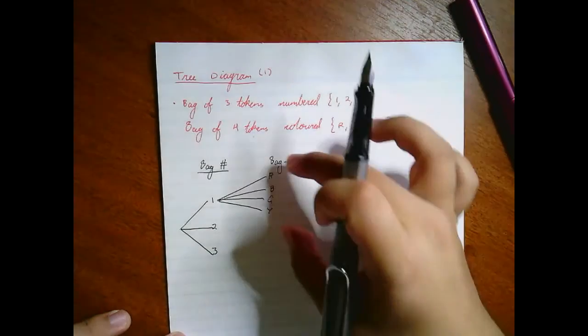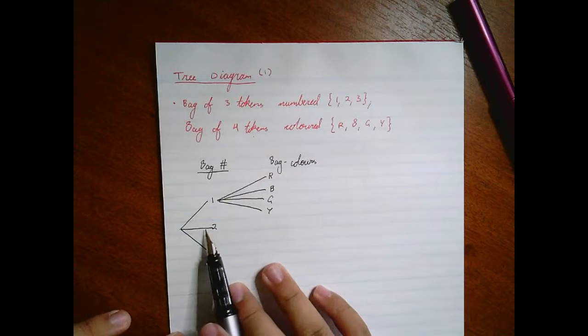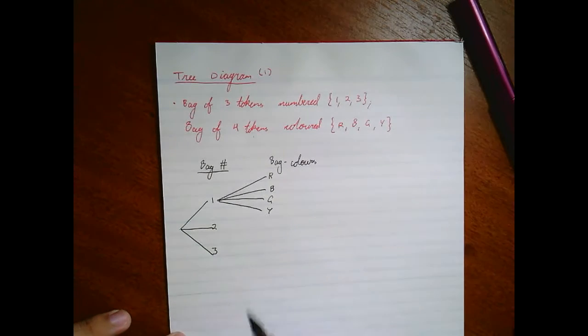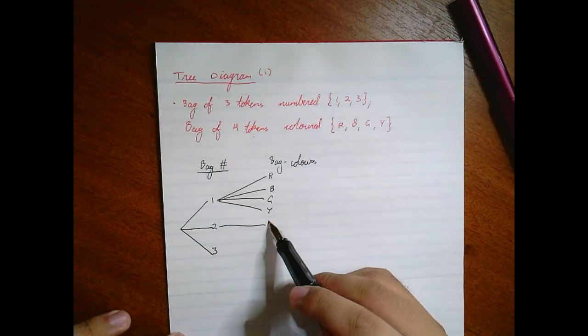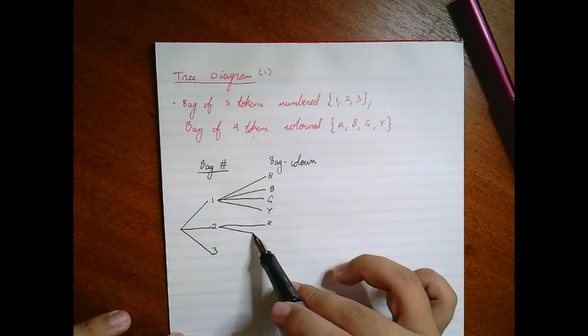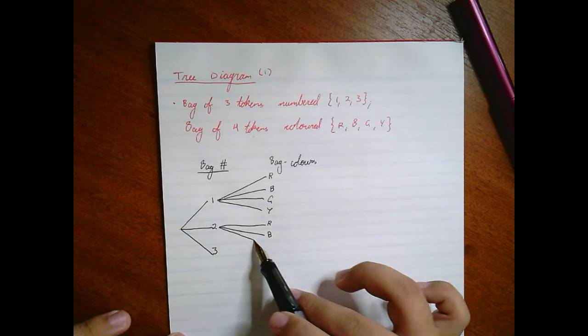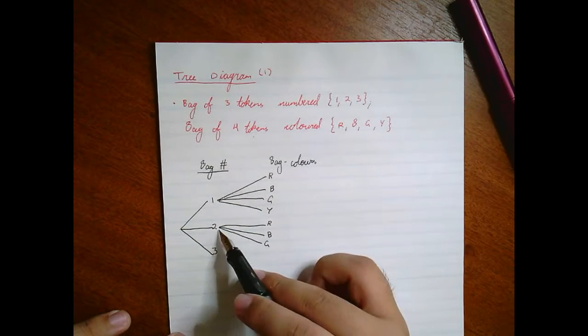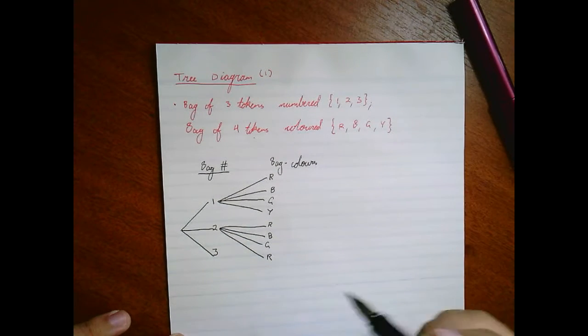And then can you see how this same thing could happen with this branch of 2? After we take the 2, we could have gotten a red, a blue, a green, or, oh sorry, yellow.